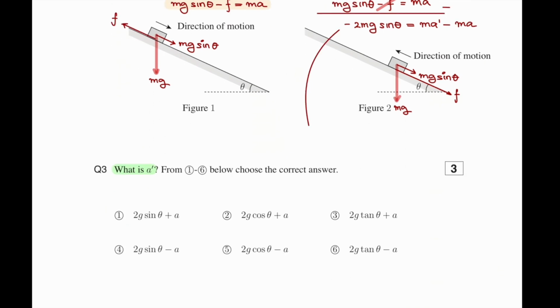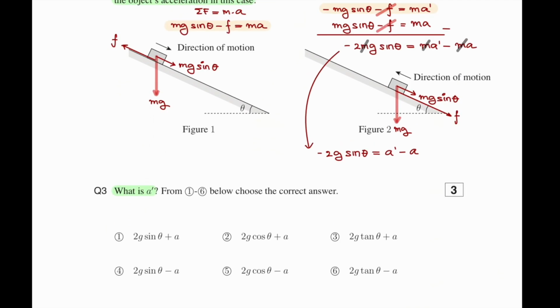And then let's divide all the terms by m, so you can cancel out m here, here, and here. Cancel out all m, and we will get negative 2g sin theta equals a prime minus a.